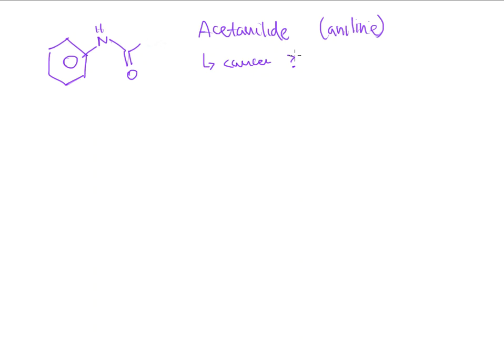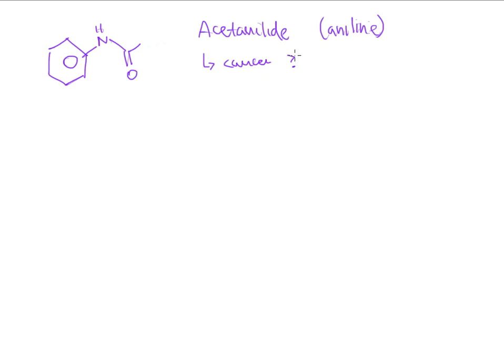It's got pain relieving properties just like aspirin, just like acetaminophen or Tylenol now. And it was used in the medical market years and years ago, but no longer. Years into the release, it was discovered that acetanilide caused cyanosis, which is low oxygen content.